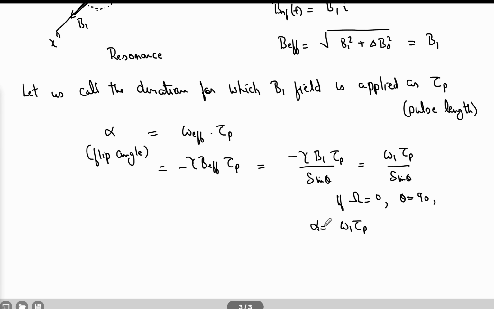Okay. So given the value of omega 1 and tau P, one can easily calculate alpha. So for example, if you want to calculate for 90 degrees, you can put in the value of alpha as pi by 2, and if you know the value of omega 1, then you can calculate the value of tau P, right? Okay, so that is easy. So this is called the flip angle.